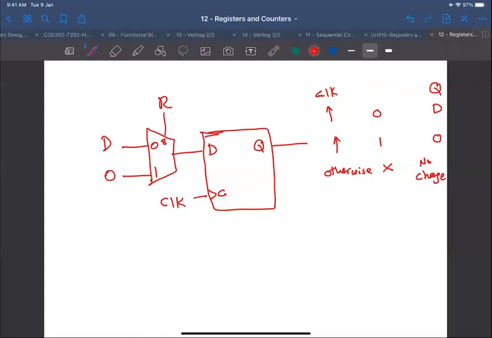So this is R. Okay, so this is a D flip-flop with synchronous reset input.